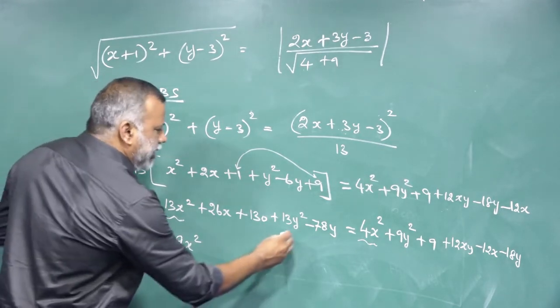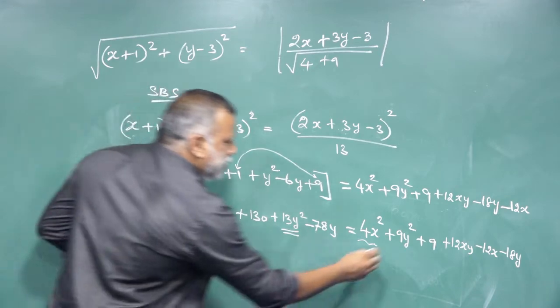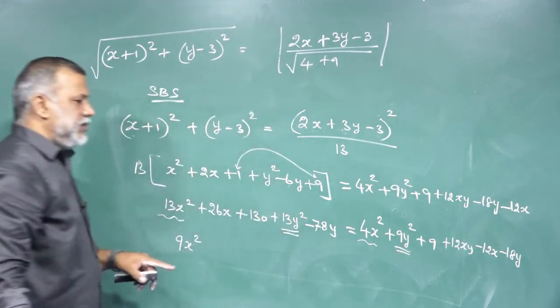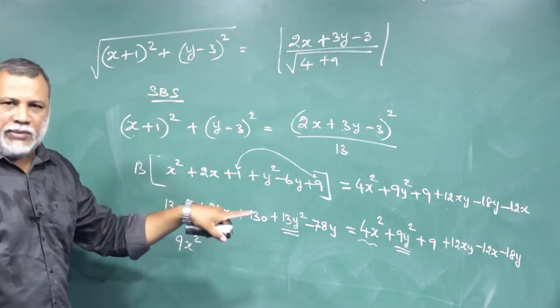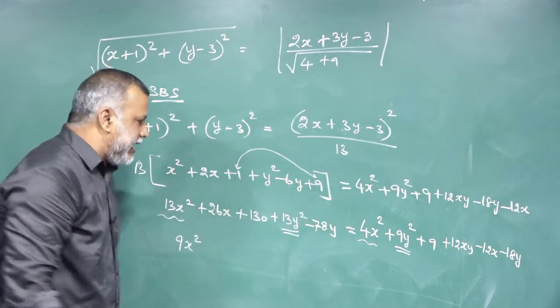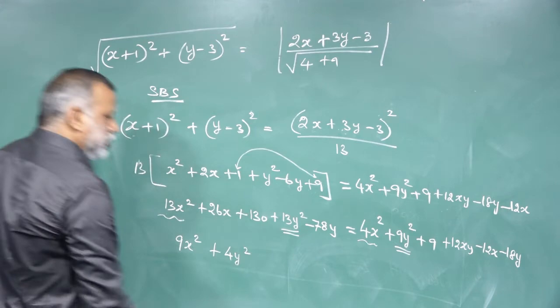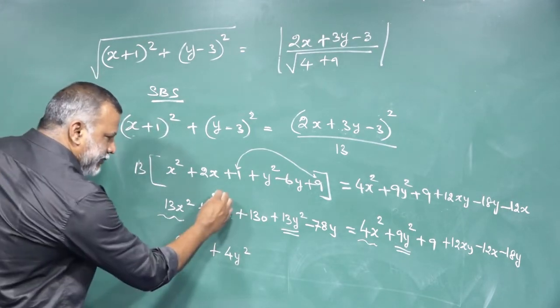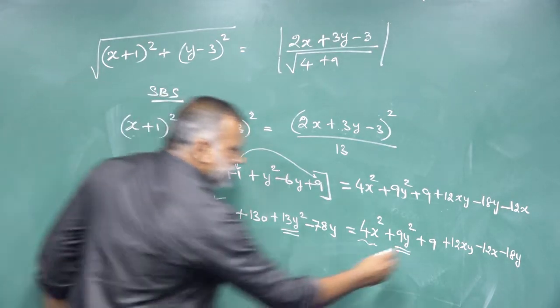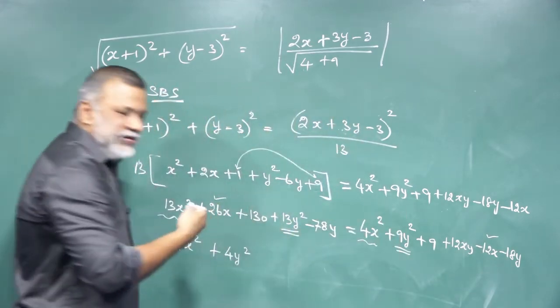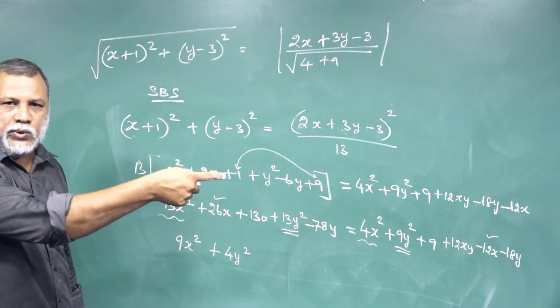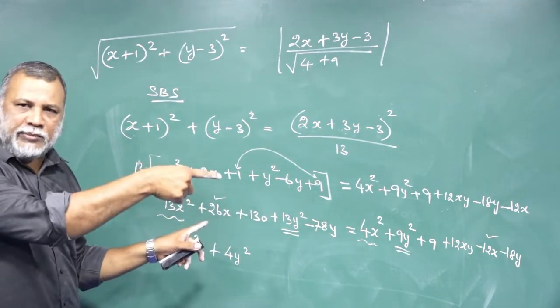See the y family now. 13y squared, here 9y squared. Converting to the same side, it will become minus. So 13 minus 9, we can get 4y squared. Now see the x family. 26x, here 12x; convert it to the same side, it will become positive. Negative of negative becomes positive.